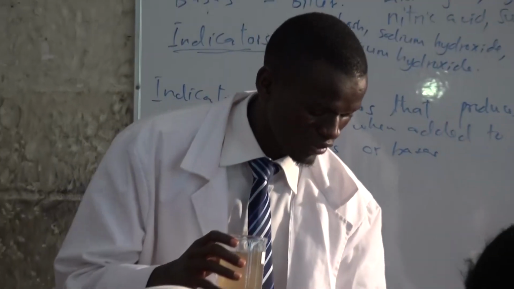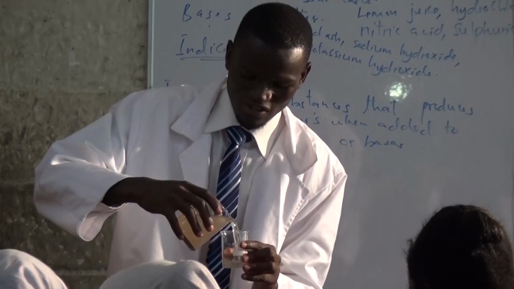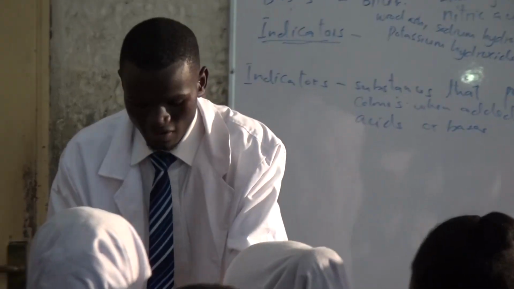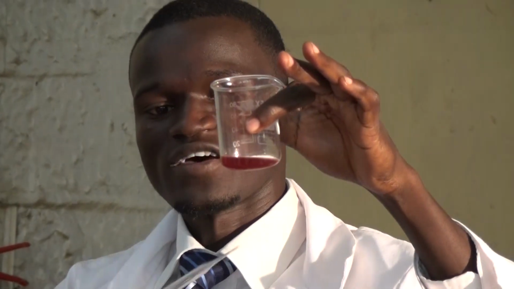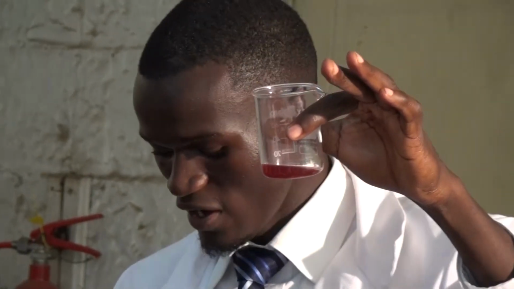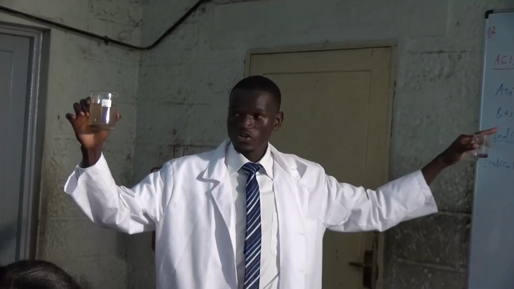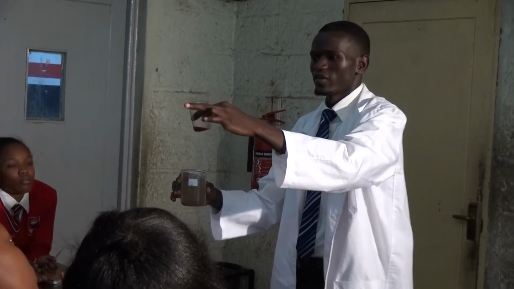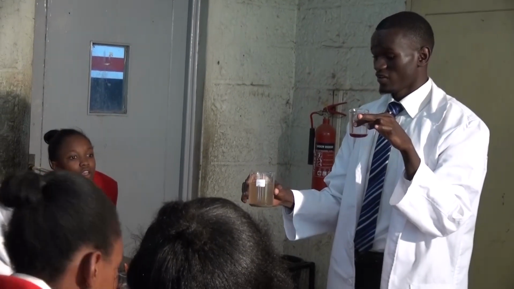And therefore you come for a solution, the sample here. This is our indicator. So having goulash as our base, we will be adding few drops of this indicator into this solution, and then we record the color. Is that okay? Yes.